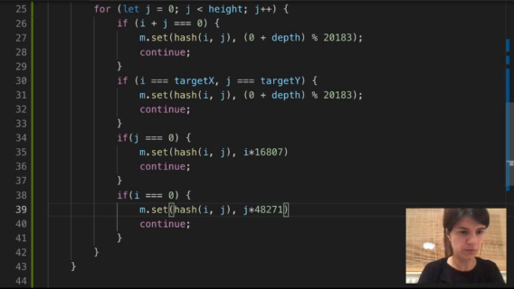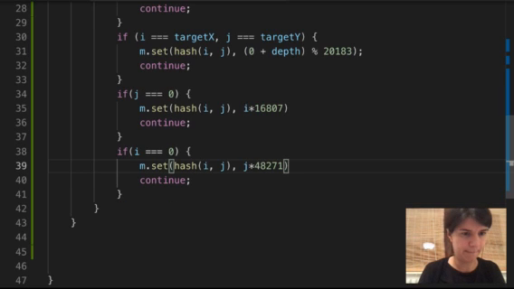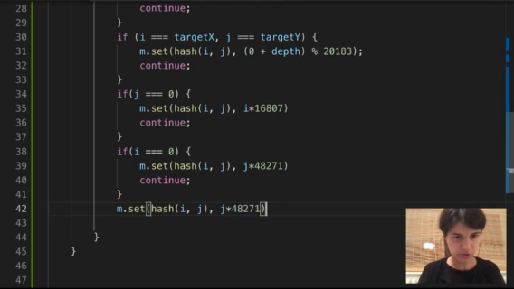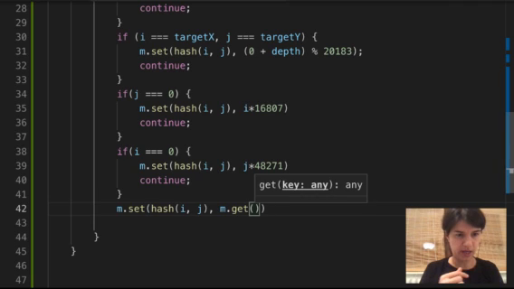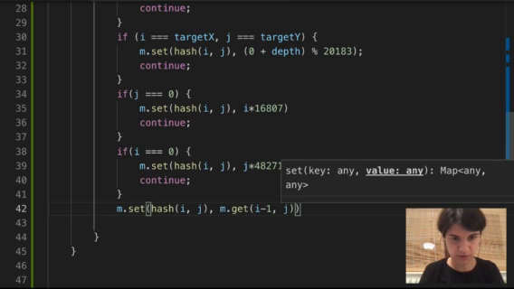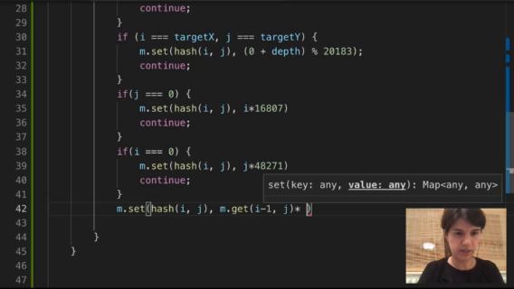And here we're setting ij to m.get of i minus 1 j multiplied by m.get i comma j minus 1.